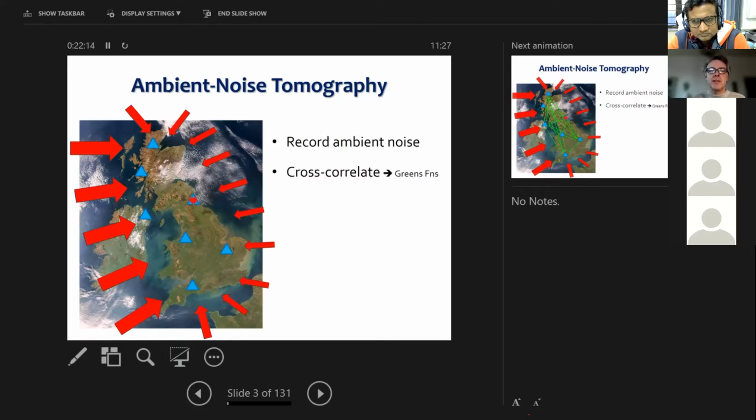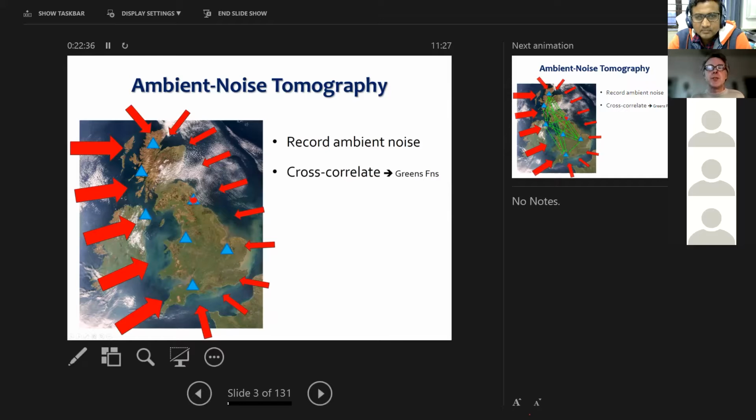Now that source never existed, but I can still get the seismogram at this seismometer as though it had actually fired. And that's what this method is called: ambient noise interferometry. So that's where we get our seismograms from, and that's how we make sense of all this background noise that's coming in.